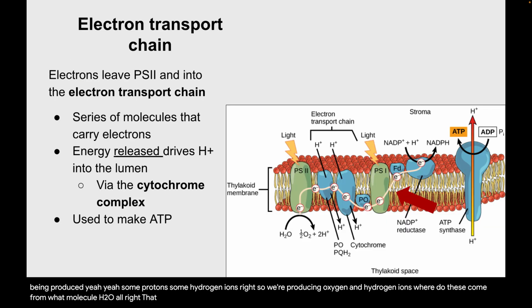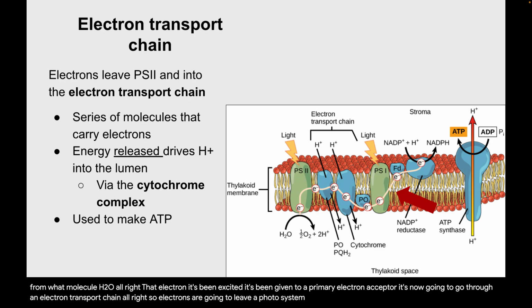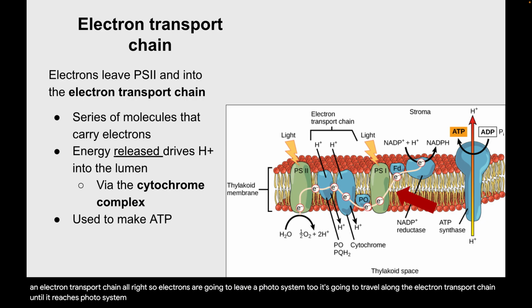All right. That electron, it's been excited. It's been given to a primary electron acceptor. It's now going to go through an electron transport chain. So electrons are going to leave photosystem 2 and travel along the electron transport chain until they reach photosystem 1, right? This is a series of molecules embedded in the membrane.